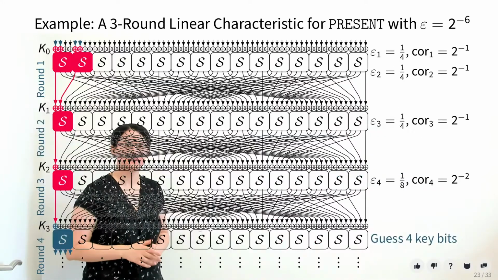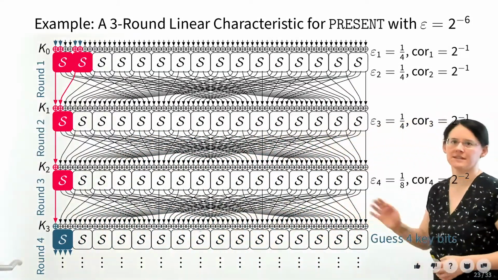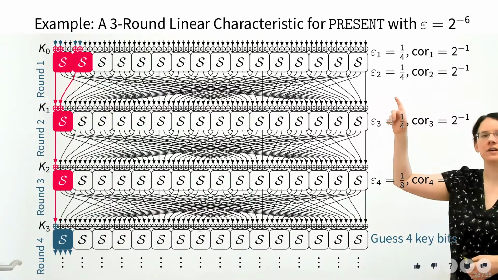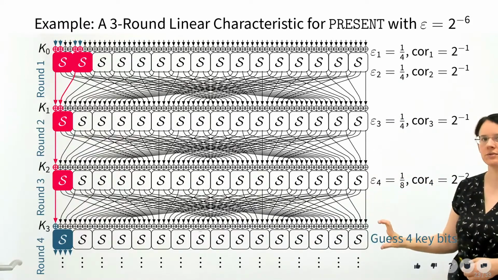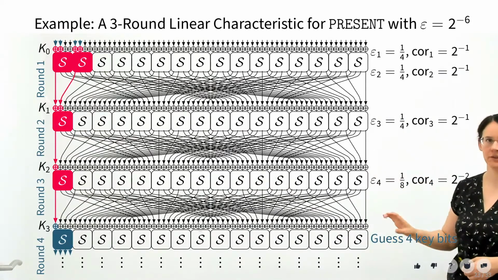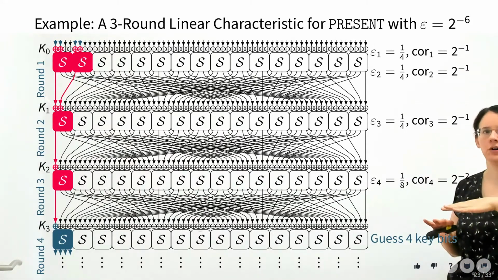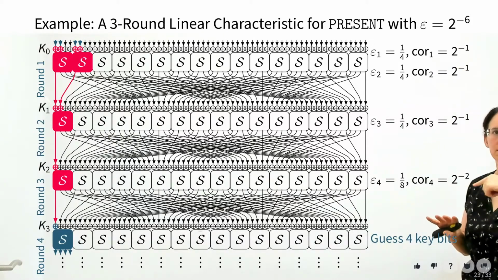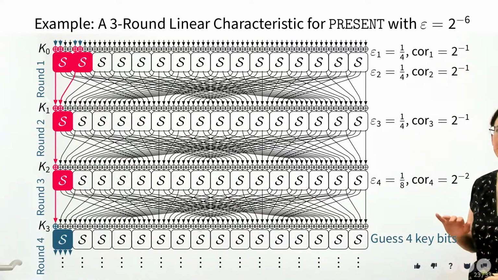How could we implement this in the example? So this is the same example as before, 4 rounds, except now we're not going to look at an approximation for all rounds, but just for the first 3, and we're going to use the last round for key recovery. So this means that our bias for up to here is now, this here together is 2 to the minus 5 as a correlation, which corresponds to a bias of 2 to the minus 6.